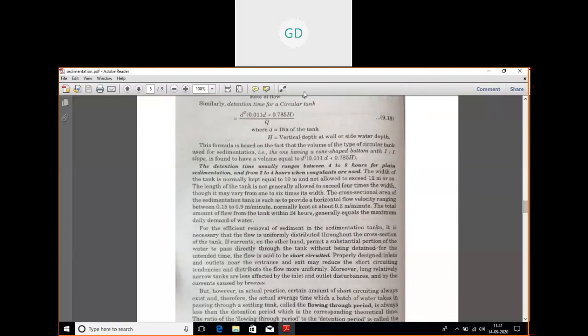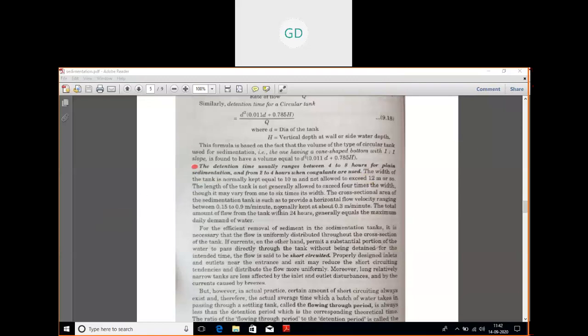I hope you have written the formulas. So now you write down from here, from here to the width. The width of the tank is normally kept equal to 10 meter and not allowed to exceed 12 meter or so. Then the length of the tank, you continue to write from here in short form.